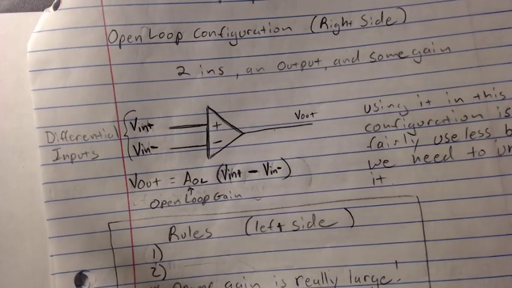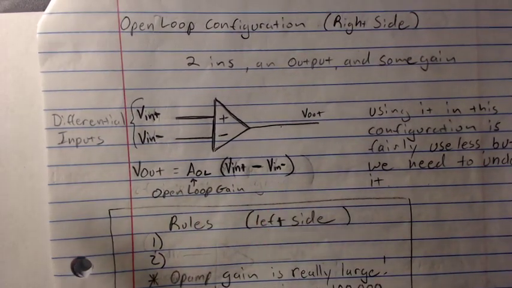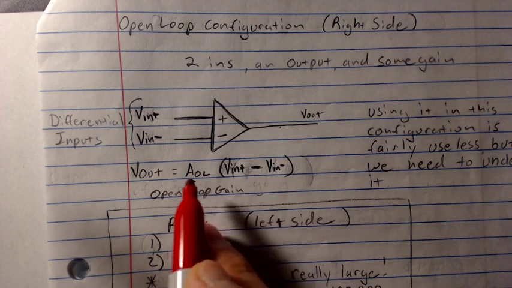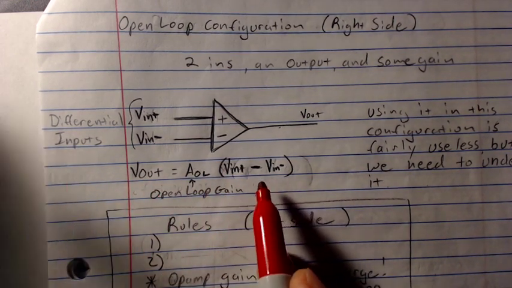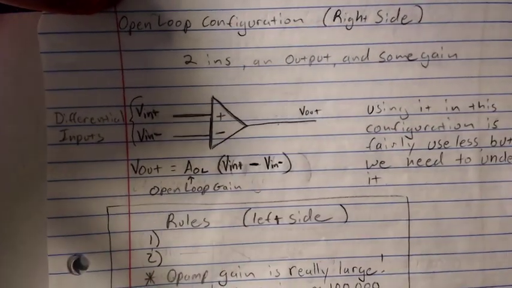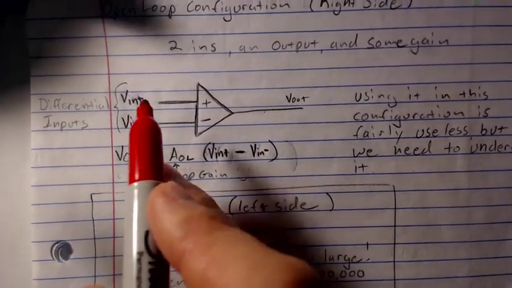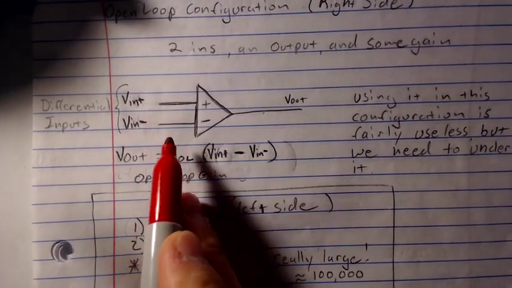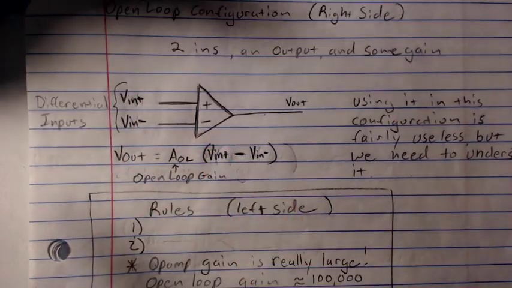I'm just using our basic equation for how this works in the open loop configuration. You might have to memorize this at first, but it is intuitive: you take the non-inverting, subtract the inverting, so you take the difference, and multiply that by the gain.